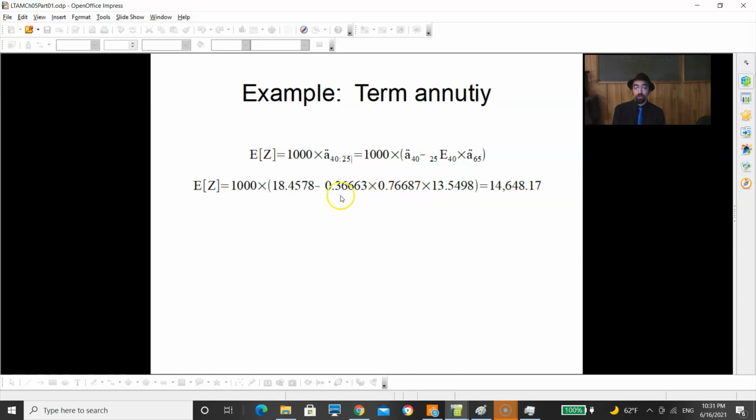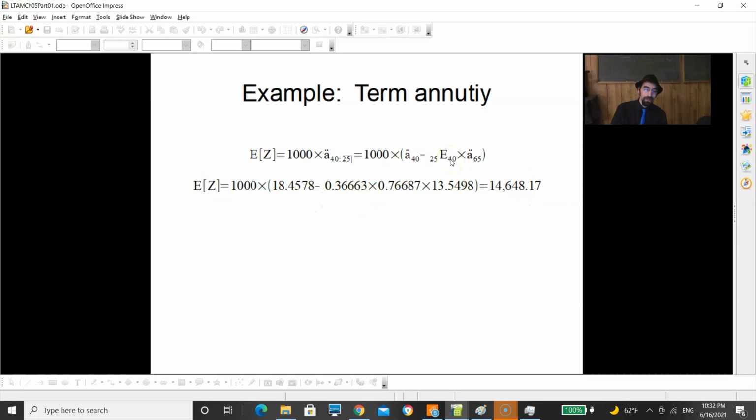And you can confirm these figures from the tables. If you want to pause and double check the tables, make sure that you get these figures again, or that you look them up and that the table still says those. And yeah, you can do that and confirm that is the calculation, and you get the expected value here.